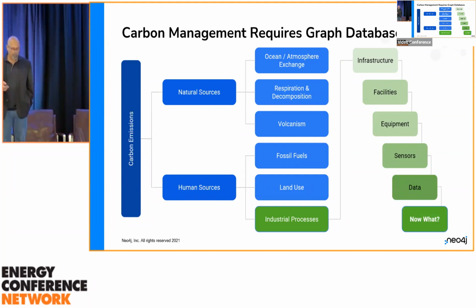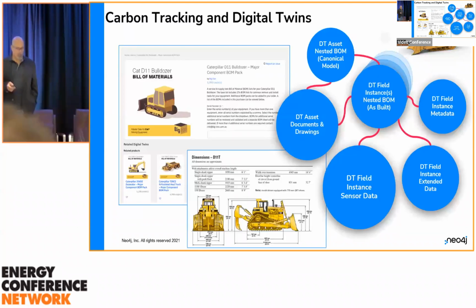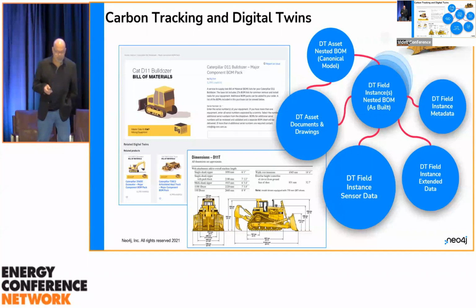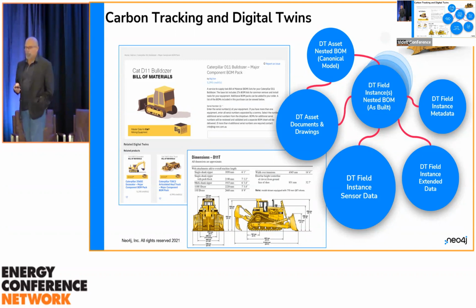We think of those kinds of graphs as digital twins. A digital twin is essentially a virtual representation of your physical reality. As you think about managing carbon and how you're going to organize the data, analyze it, query it, and look at it at scale, very quickly you start to build up data sets that are digital twins.